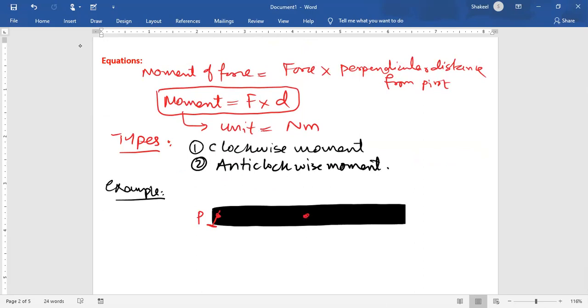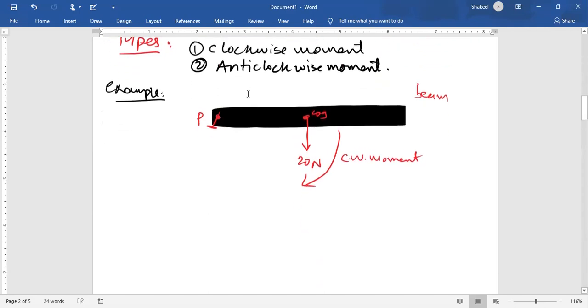Let's say the beam is of uniform mass, its center of gravity is at its center, and its weight is 20 Newton. Let's say no other force is acting on it. What would happen is that this beam is going to rotate due to its weight, and it will come down this way. So we'll say it is a clockwise moment. The weight of the beam is going to produce a clockwise moment.